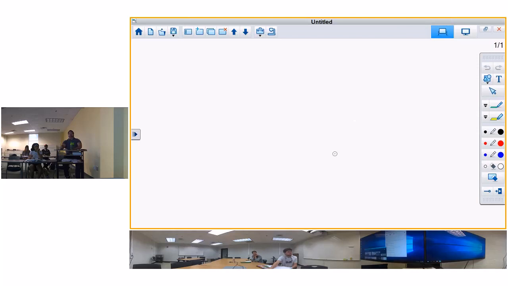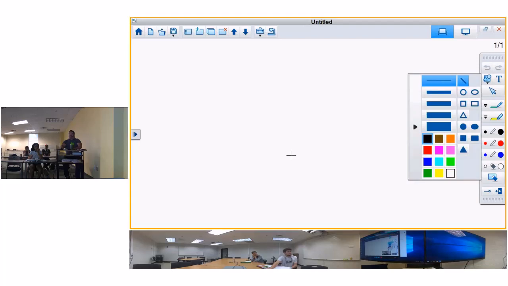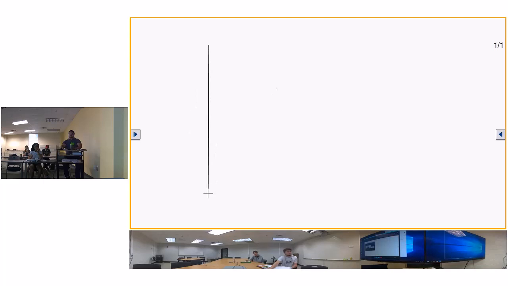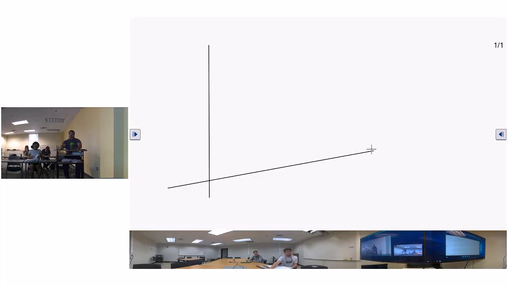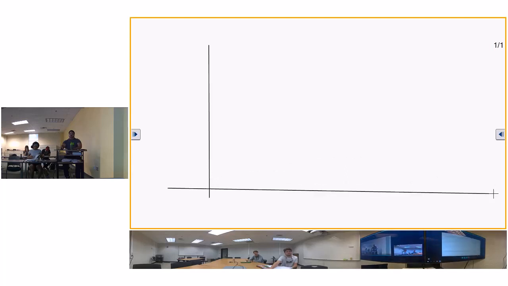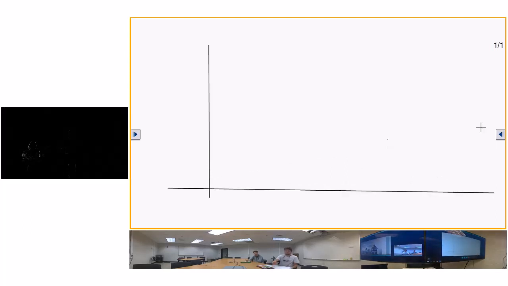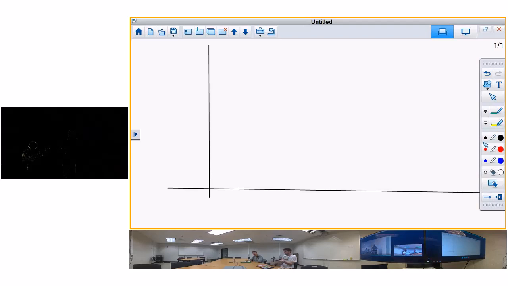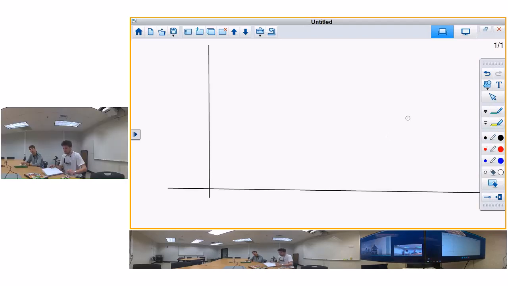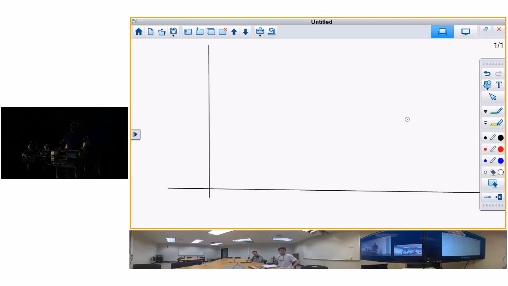Okay, Oconee, can you see my whiteboard? Yes. Okay, now first of all, I want you to draw a graph. I'm just going to draw the first quadrant, and I'm going to draw a curve.